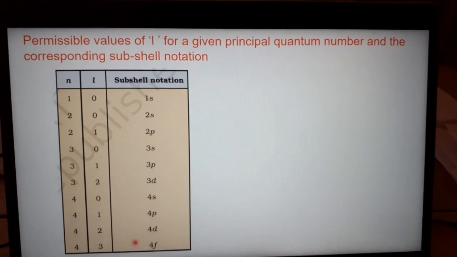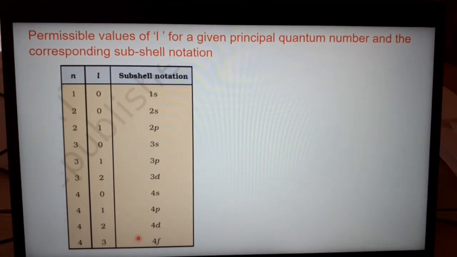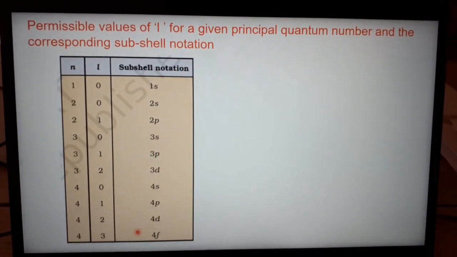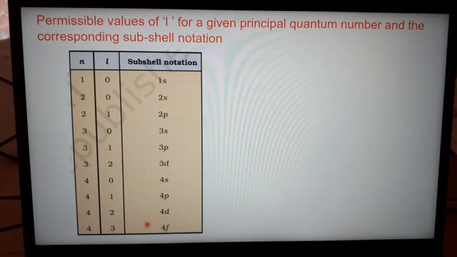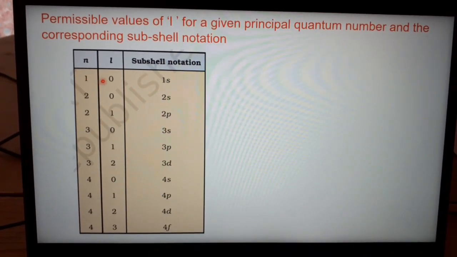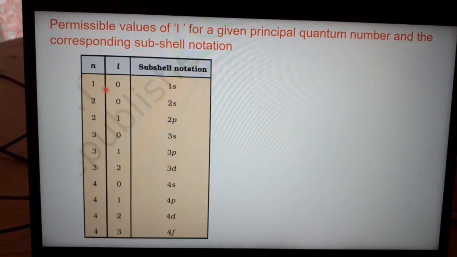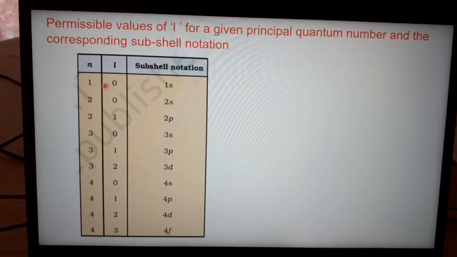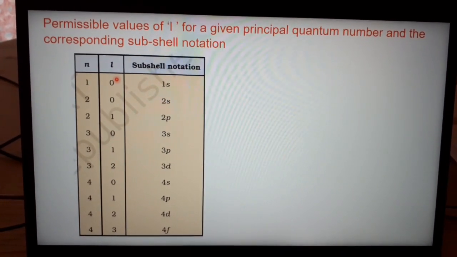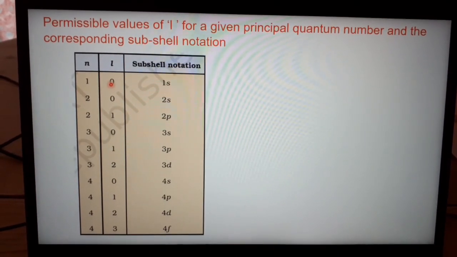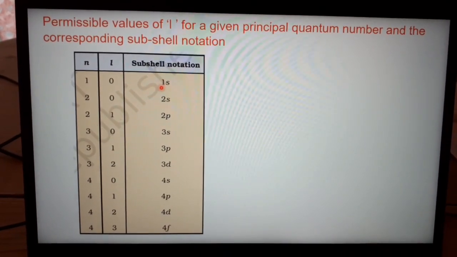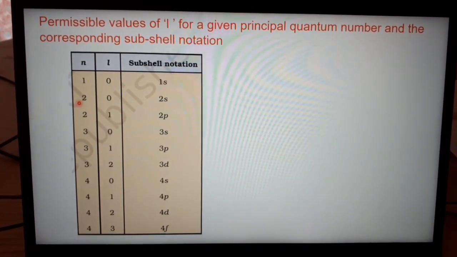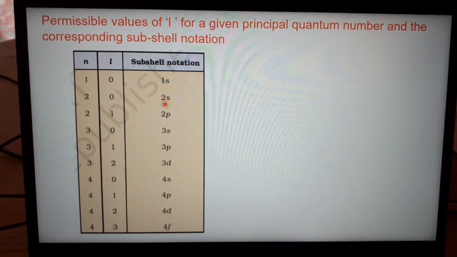Now in this table you can easily find the different n and L values, which are designated as subshell notation. Now what does it mean? When the n value, the principal quantum number, is 1, we can find n minus 1 equal to the L value, right? So the L value is 0, then the subshell notation is 1s. Next, n equal to 2, the principal quantum number is 2.